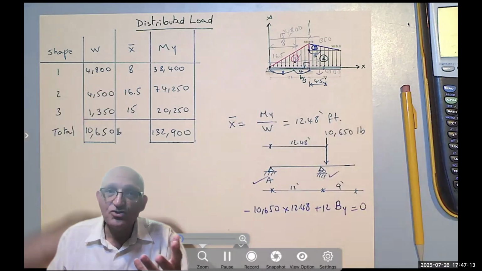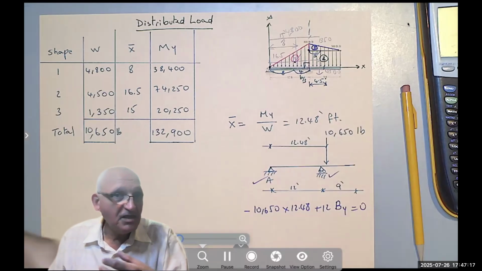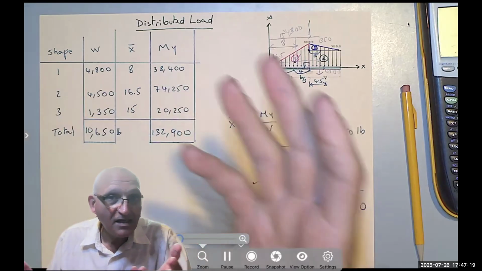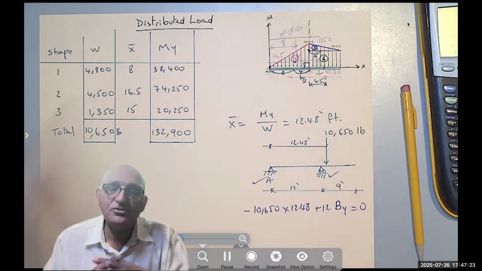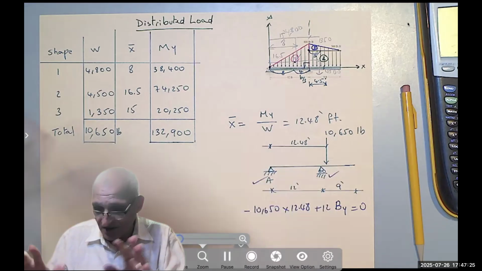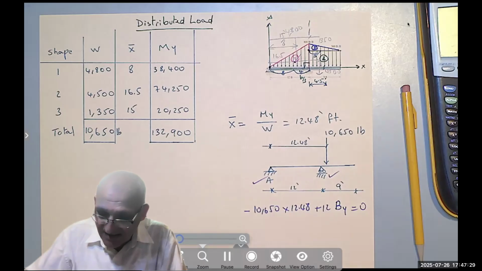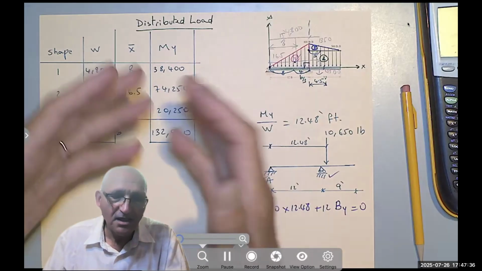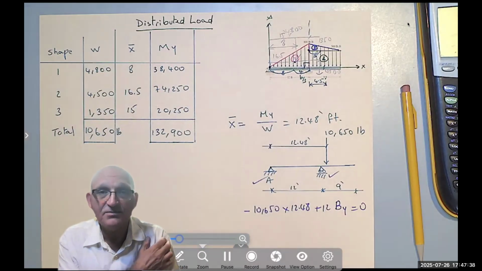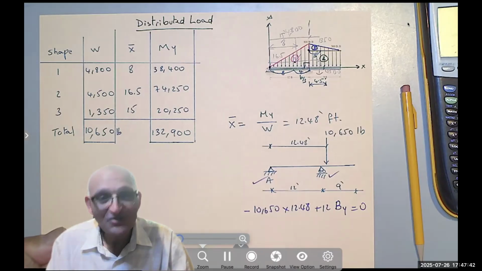So that allows you to pick a corresponding cross section, maybe a different material, maybe a different shape. All of this you would learn in more advanced courses. But for now, I just wanted you to learn how to replace distributed loads with a concentrated load because you may encounter that in some structures.